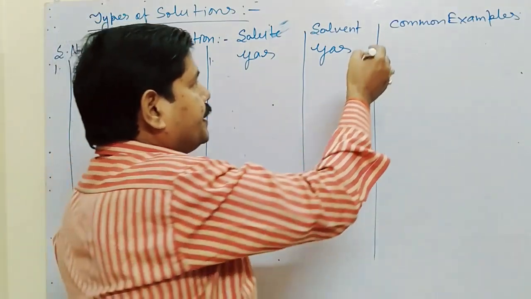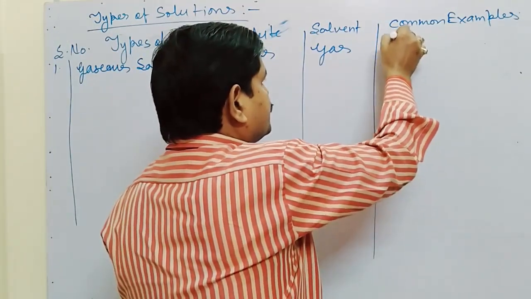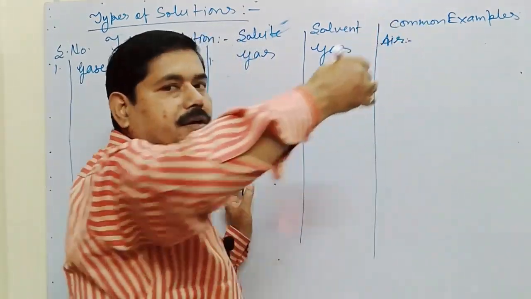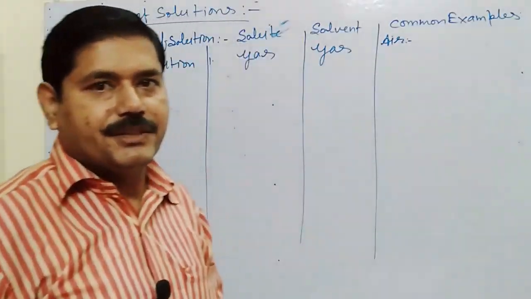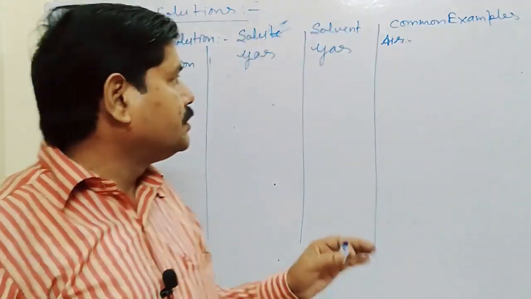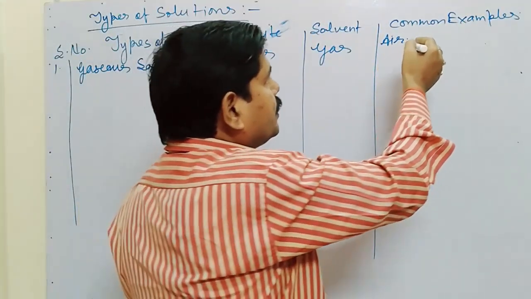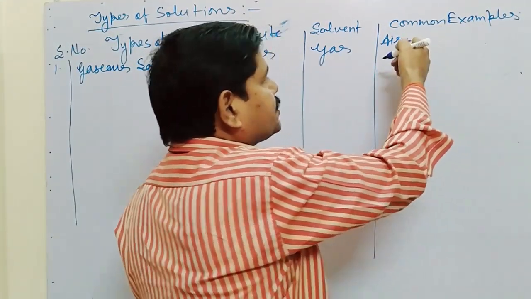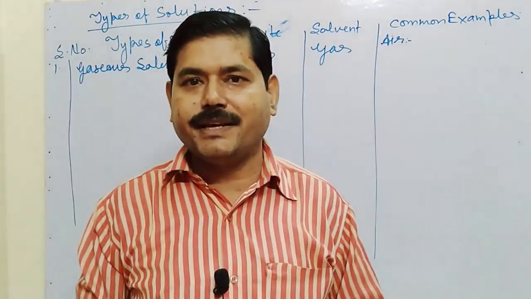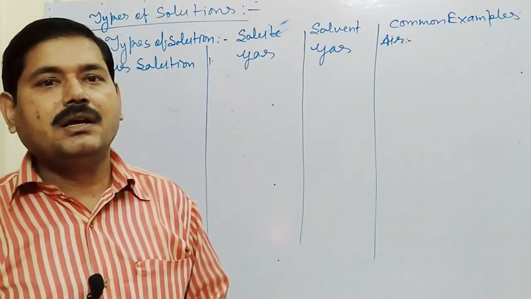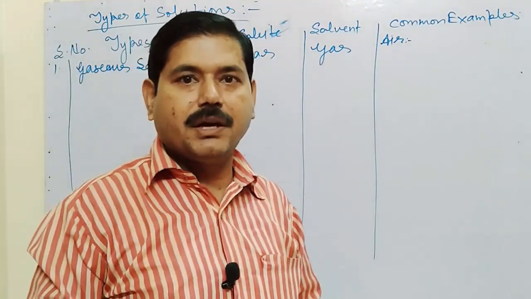Example, air. From the air we take oxygen. In the air 21% oxygen, 78% nitrogen gas and 1% other gases are found.